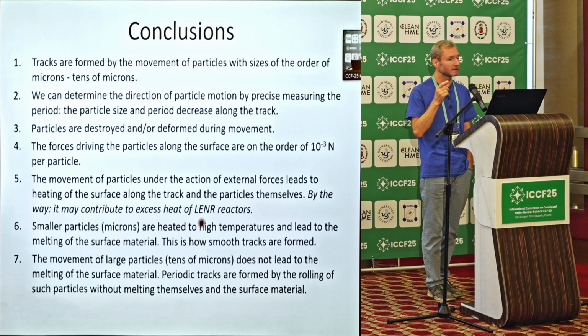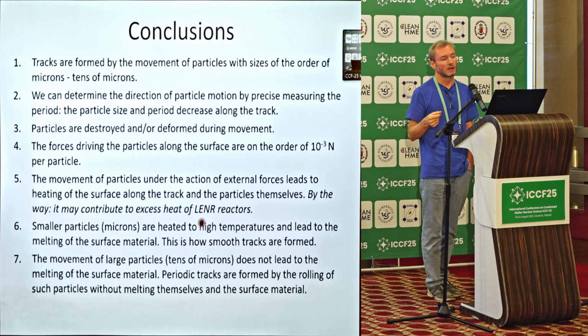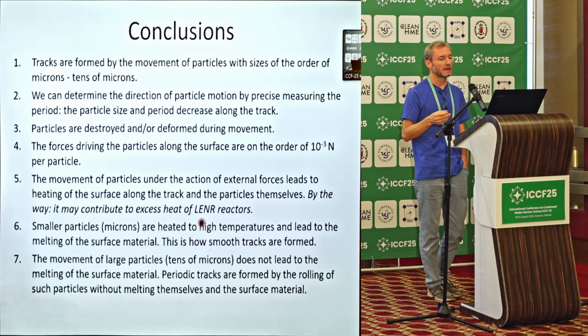We can determine the direction of particles' motion by precisely measuring the period. The particle size and period decrease along the track. Particles are destroyed and deformed during this movement.